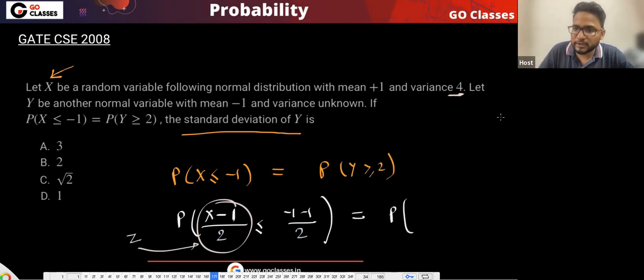Let me also convert y to z so that I can solve the question. y plus 1 upon sigma, where the standard deviation is unknown, is greater than or equal to 2 plus 1 upon sigma.